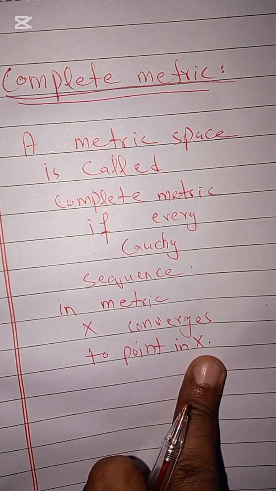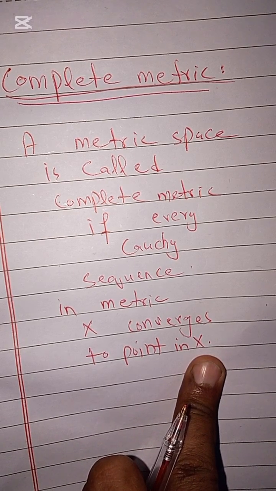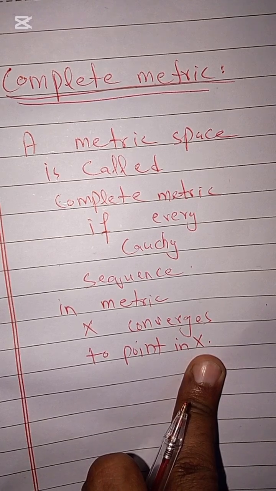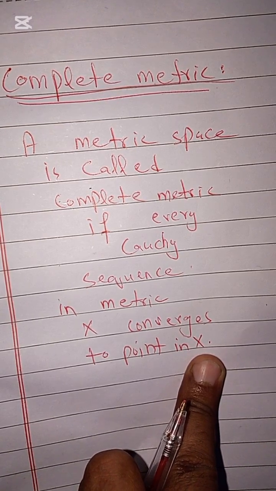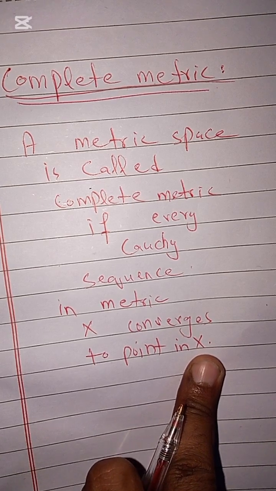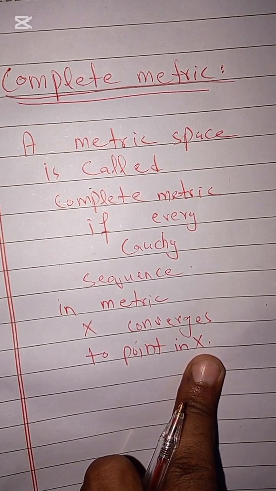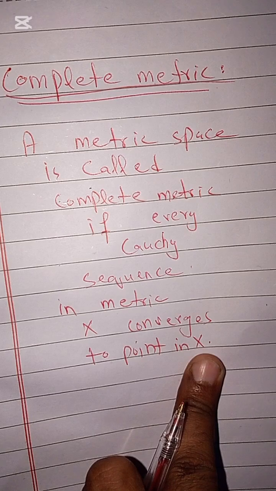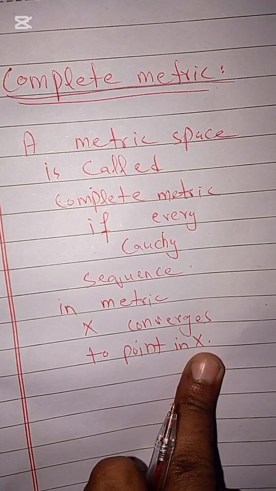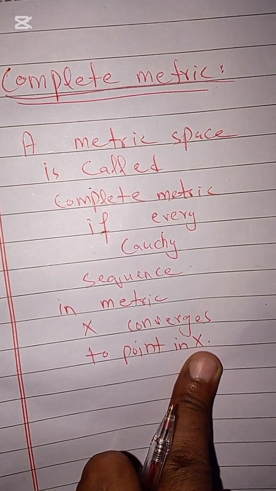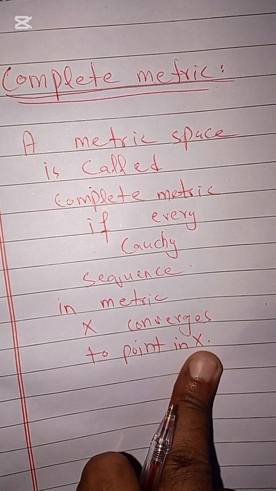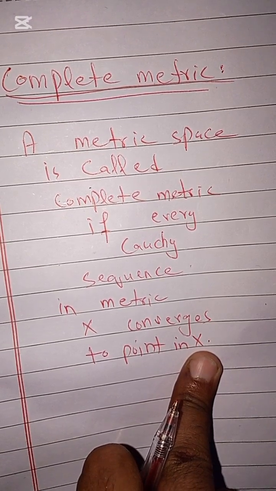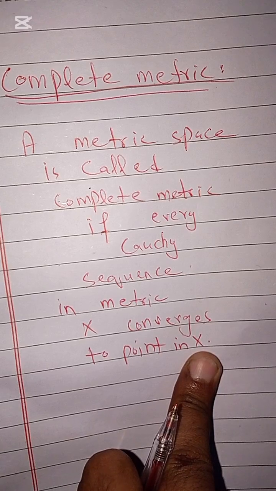To show completeness, if we just show that the sequence is convergent, then we know that every convergent sequence is Cauchy by a theorem. So we have to just prove that it is convergent. We don't need to prove it Cauchy again. Okay.